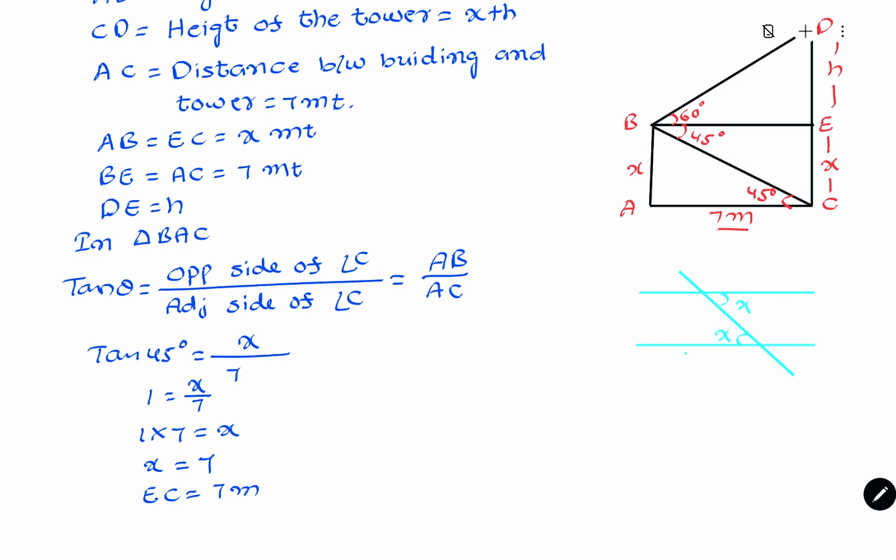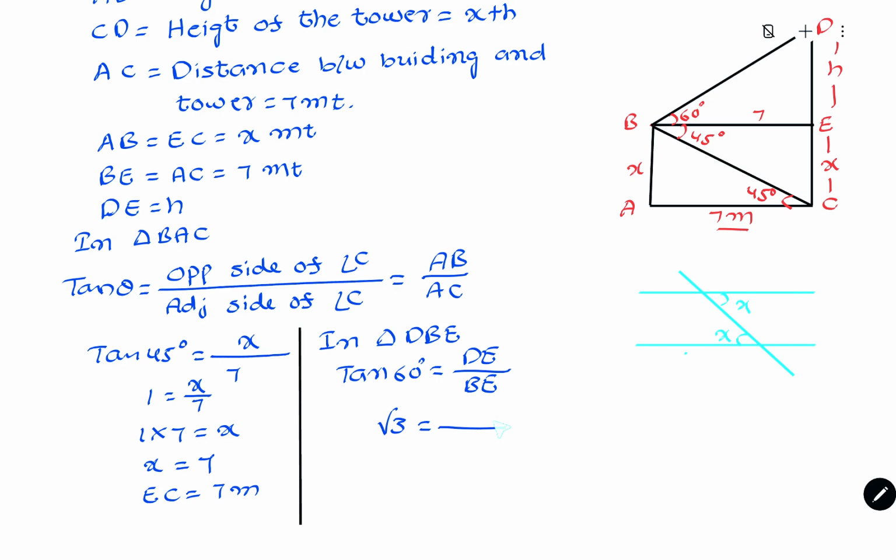Now take triangle DBE. Here the angle is 60 degrees. So tan 60 degrees: the opposite side is h and the adjacent side is 7 meters, which is BE. Otherwise you can write it like this, DE by BE. Tan 60 is root 3. Here DE value is h, BE is 7 meters.